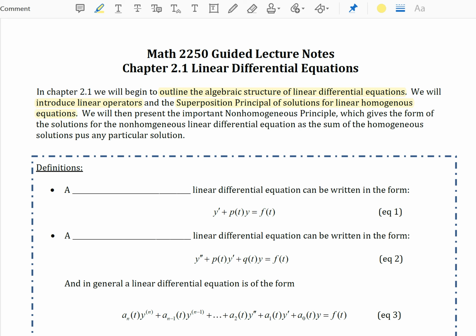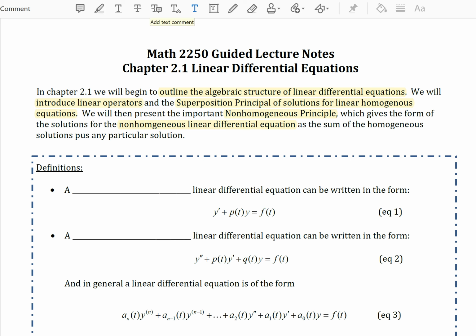We will then present the important non-homogeneous principle, which gives us the form of solutions for non-homogeneous linear differential equations as the sum of homogeneous solutions plus any particular solutions. This is a great section for us to look at. It gets us started on methods for solving differential equations.